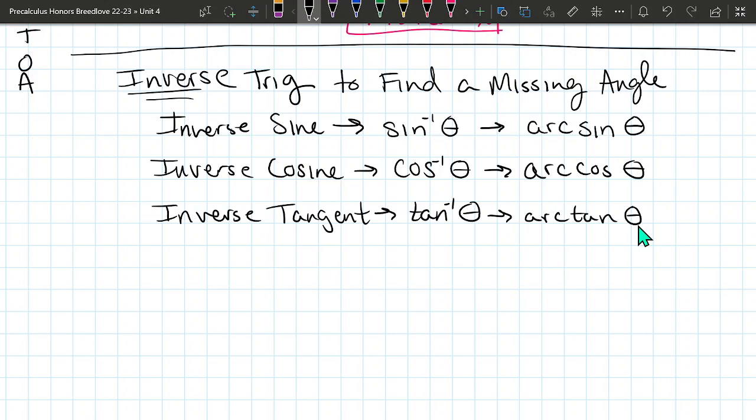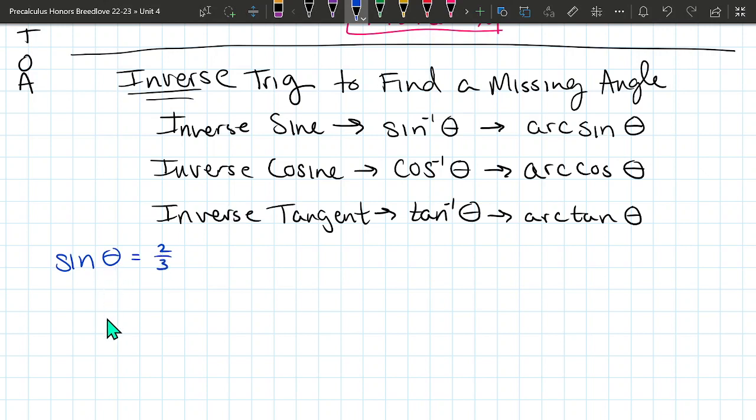Whenever you use this, I'm going to do a quick example first. I don't know if you were shown why you do it the way you do. So if you had, for example, sine of theta equals 2/3, I just picked an example.